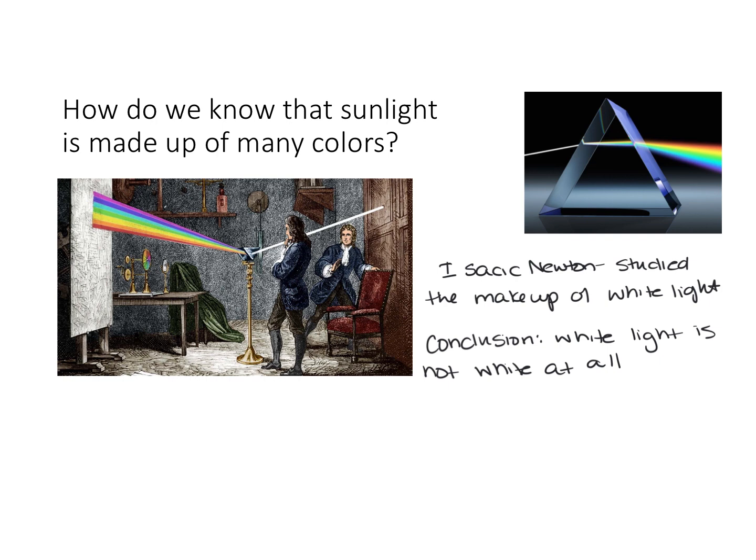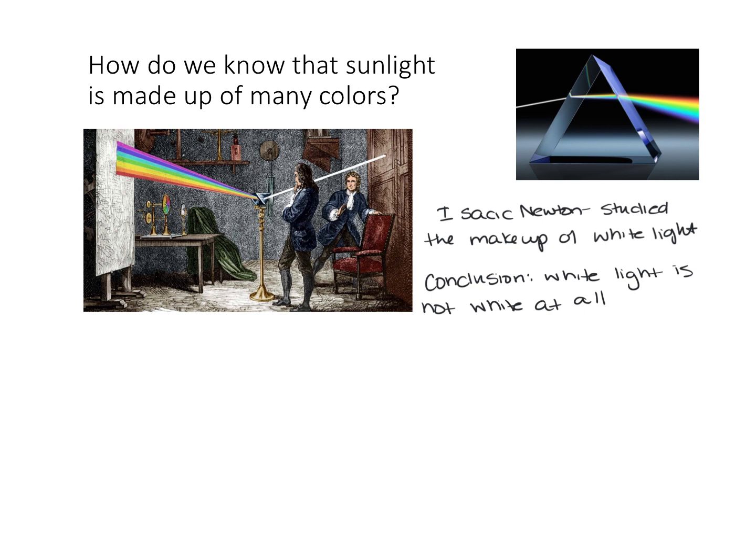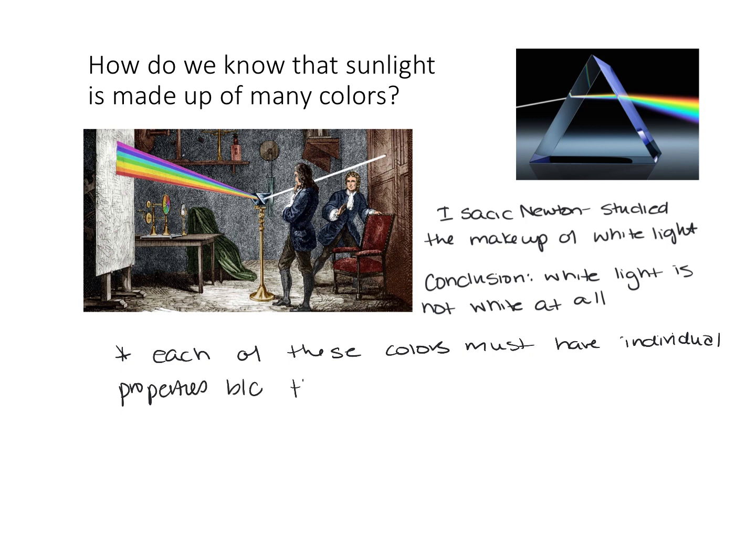So Newton realized that each of these colors must have individual properties, because in addition to their color differences, they exited the prism at different angles.